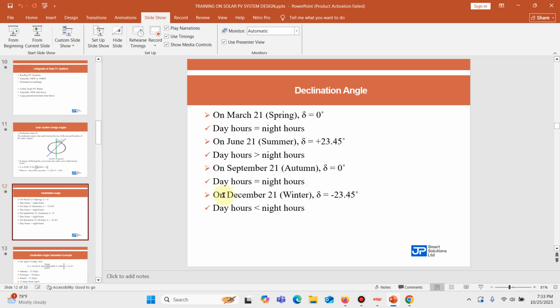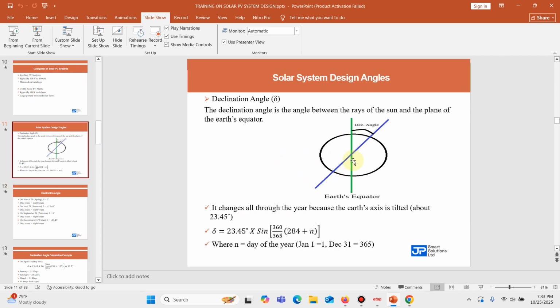And then on December 21st, which is winter, the declination angle goes to negative 23.45 degrees, which means that the day hours are less than the night hours. So let me explain that once again using this diagram. All right.